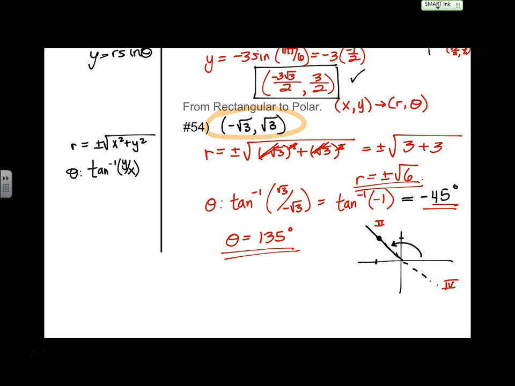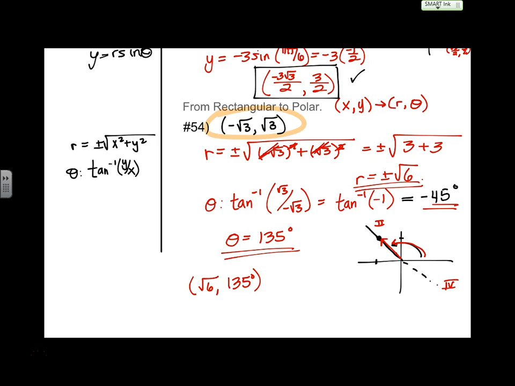Let me show you a few polar points, because remember how there are infinitely many polar points? One polar point could be, the R goes first, positive root 6 and 135 degrees, because that would say turn 135 and go out towards 135.